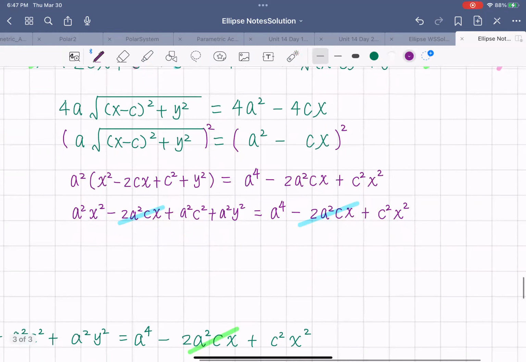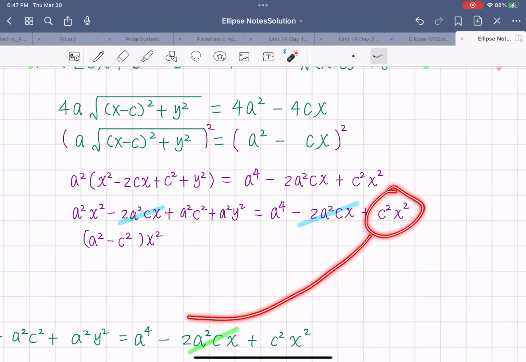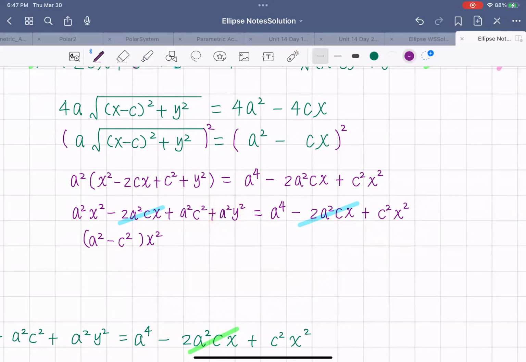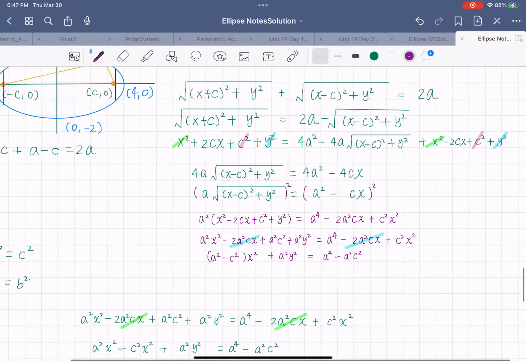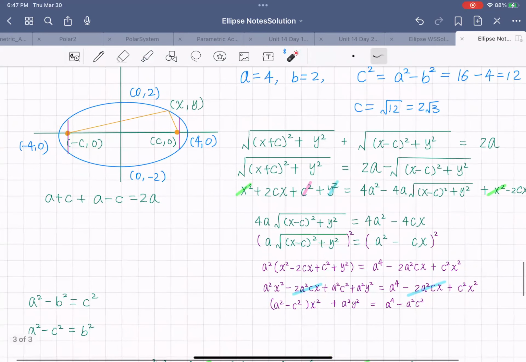So we will have a squared minus c squared parentheses times x squared. So far, so good? Yes. And then we will plus a squared y squared equals a to the power 4 minus a squared c squared. Make sense? Yes. In the ellipse, there is an important property.